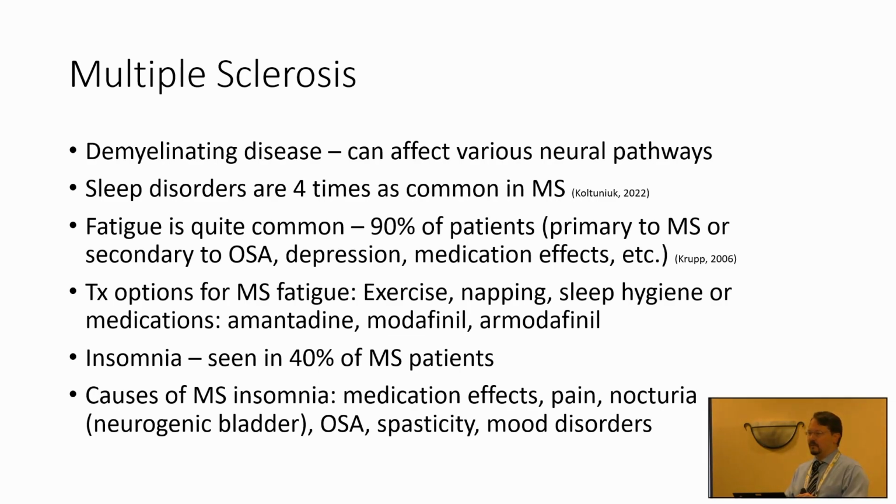It is perhaps one of the most notorious for being able to present with almost any neurological symptom, and sleep certainly is not excluded from that. And sleep disorders are as much as 4 times as common in MS as compared to controls. And fatigue is an almost universal complaint in MS.